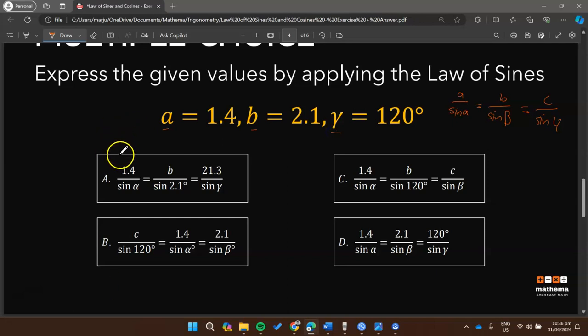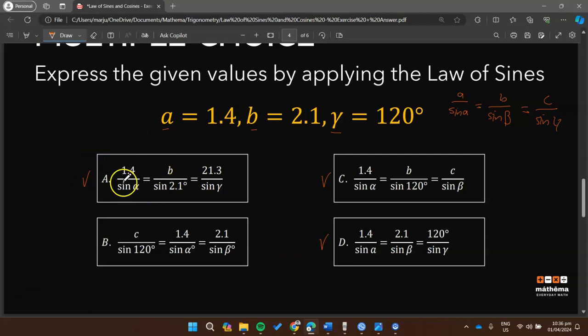So we should be looking at 1.4 over sine alpha. This is a good option, and this is also a good option. Let's proceed. We should be getting B, or 2.1 over sine beta.